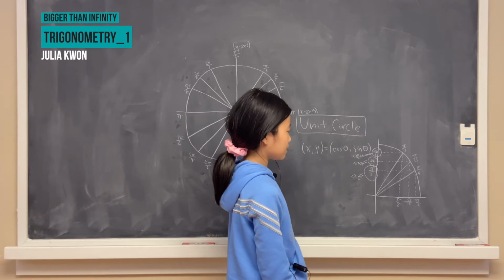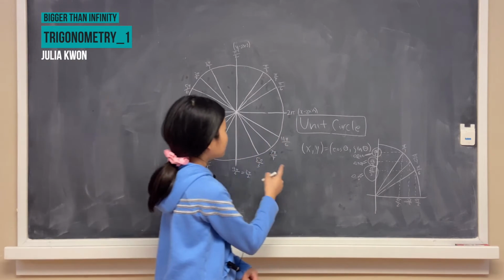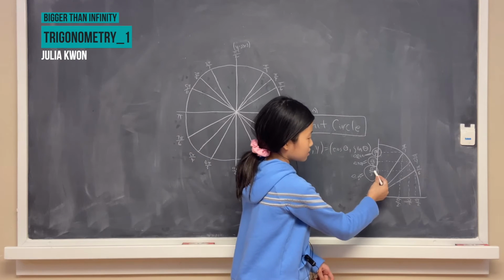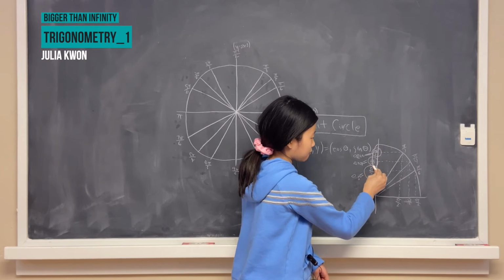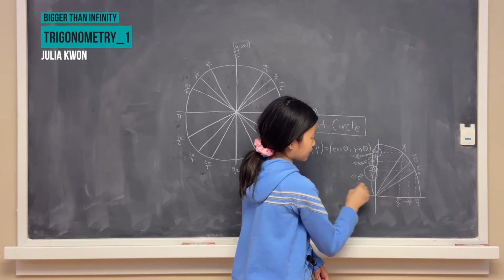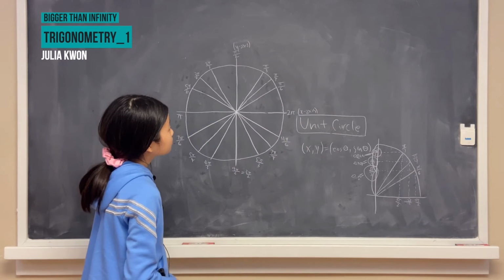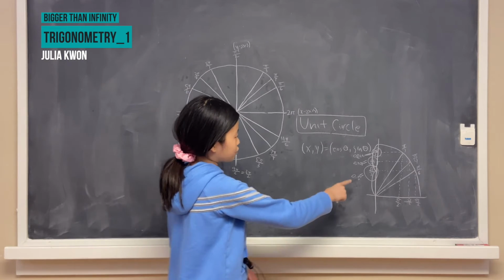And this makes sense because the radius of this unit circle is 1, right? So it's half of 1, and that's why it's just 1/2. And so we just found the values.